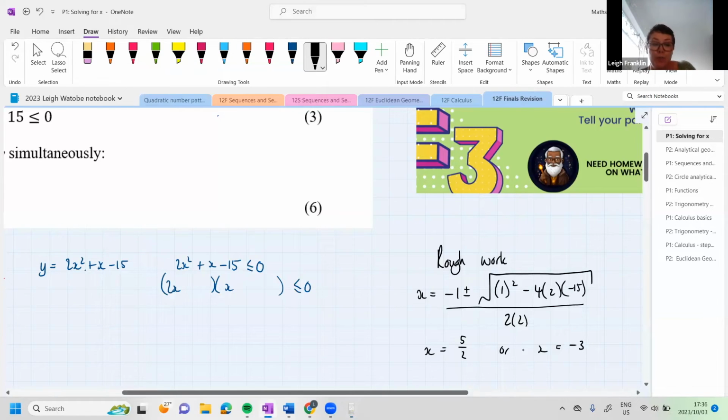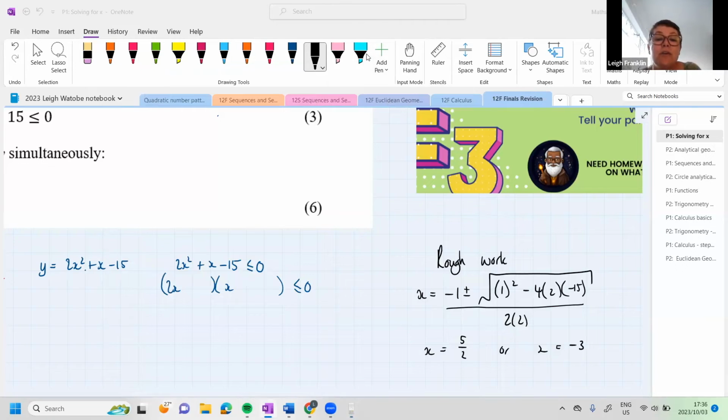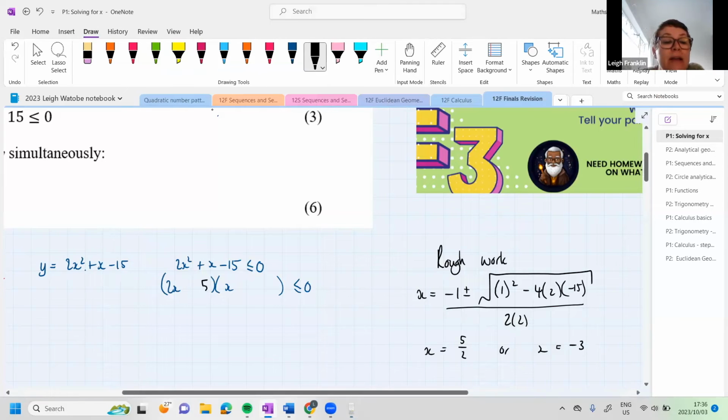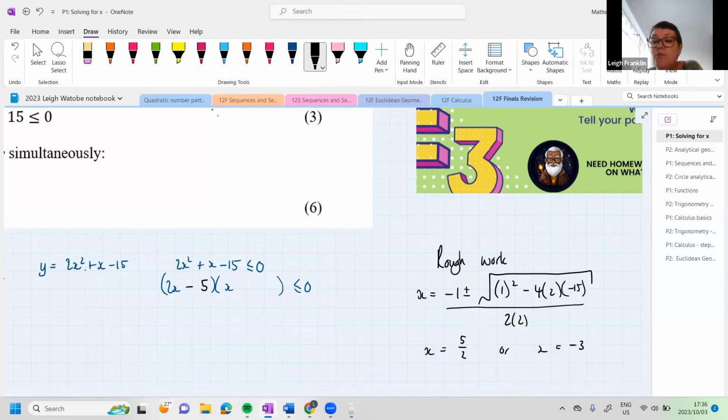What you could do is use your answers on the side and work backwards into these brackets. To get an answer of 5 over 2, your 5 has to be inside this bracket and the sign has to be the opposite. If you've got an answer of -3, then inside this bracket over here, you have to have +3, like so. Does that make sense to everybody?